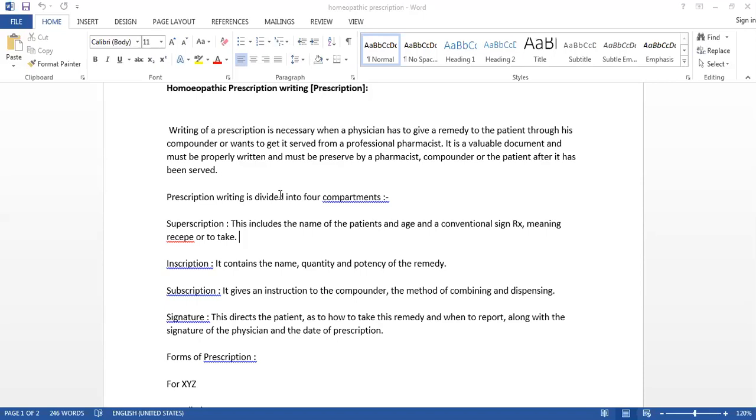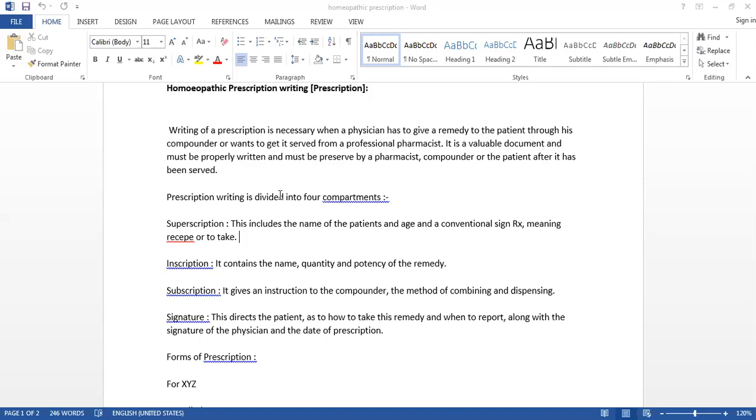Second one is PC, capital P, capital C. Third one is SOS, capital S, O and S. And the fourth one is QH, capital Q and capital H. So you have to give me the English meanings of these four abbreviations.